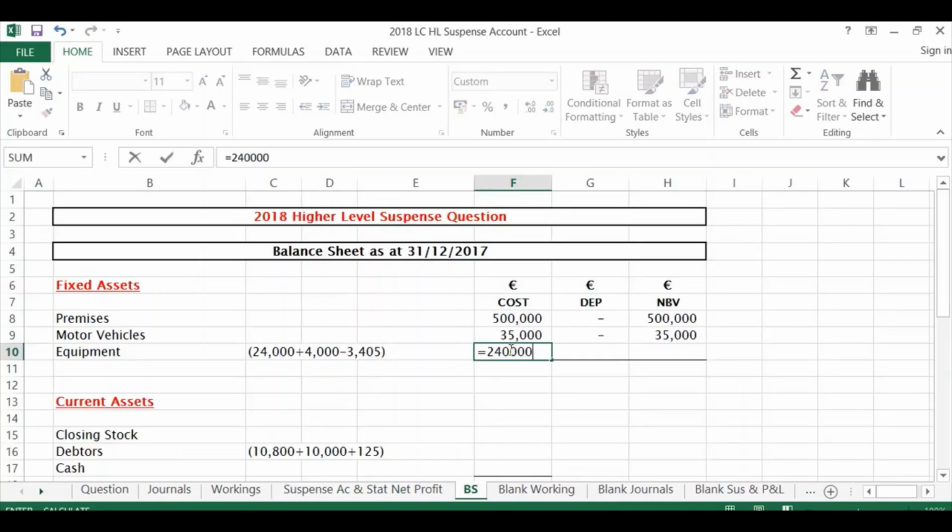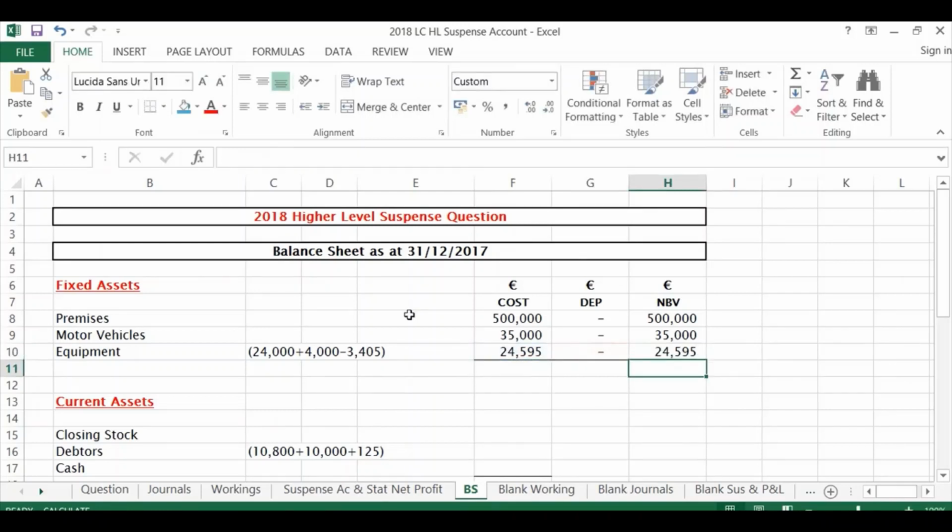So 24,000, add the 4,000 because it's a debit entry, and take away 3,405 because it's a credit entry. So in total, my equipment is now 24,595. And I'm going to just add these down, which will leave you with total fixed assets of 559,595.